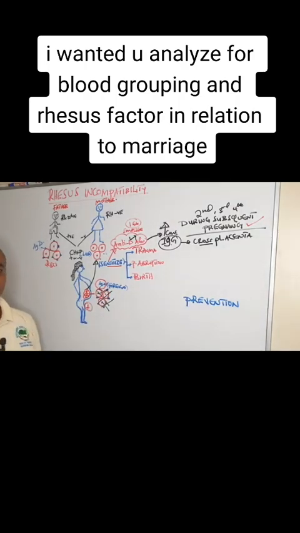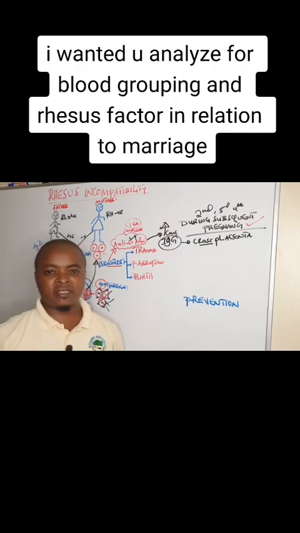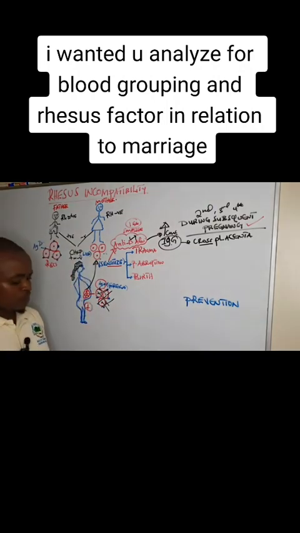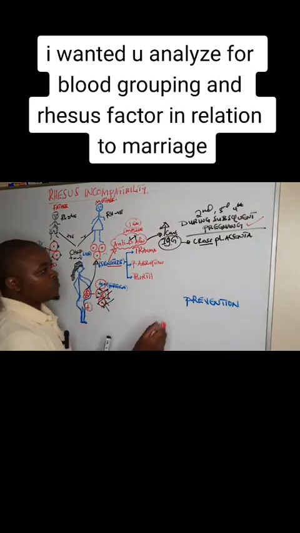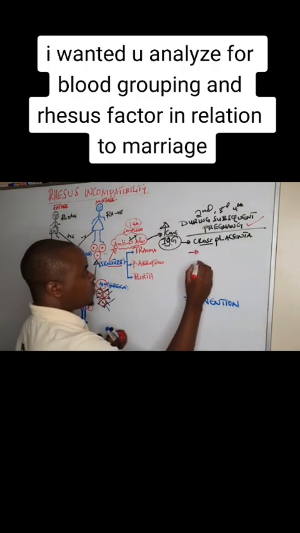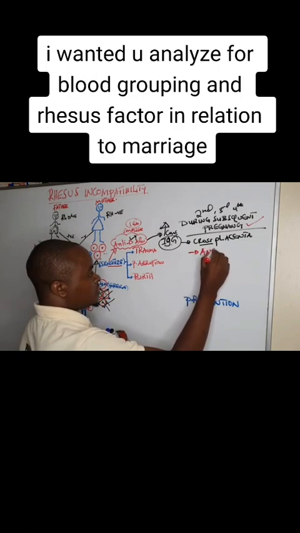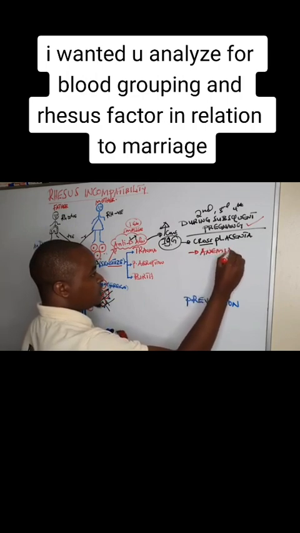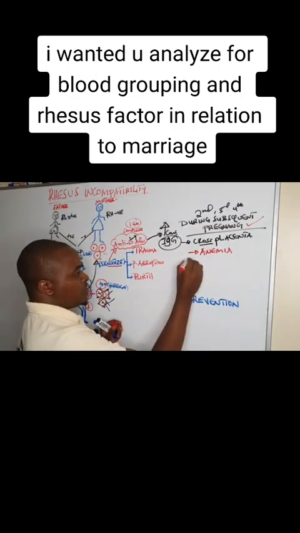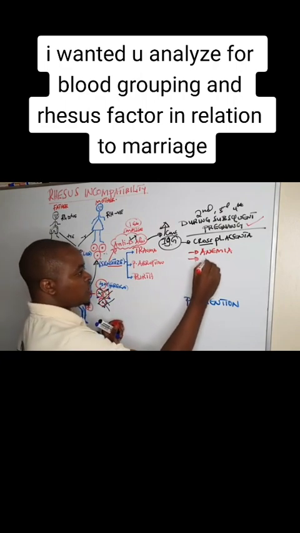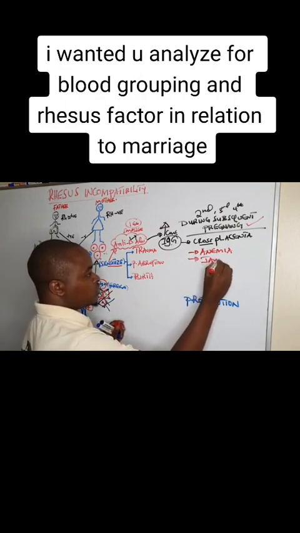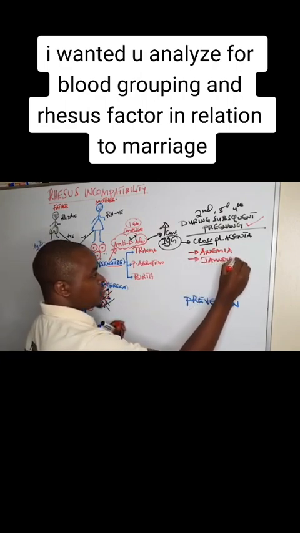If it is intense, even the fetus dies in the mother's womb. In the second pregnancy, the child is going to get signs like anemia, since the red blood cells are being destroyed, and because the rate is high, it is going to get jaundice.